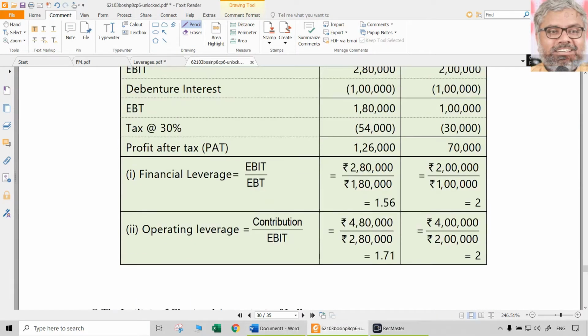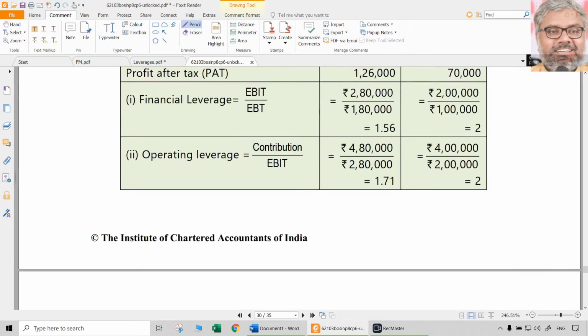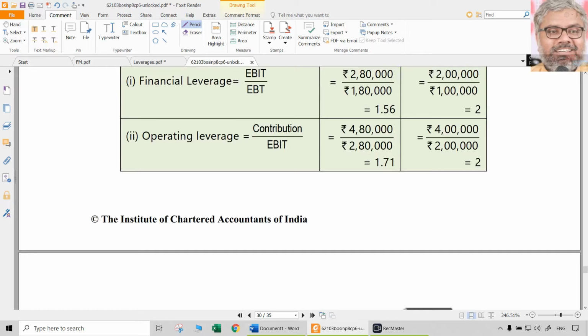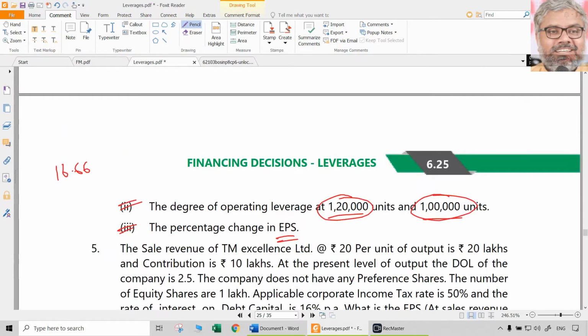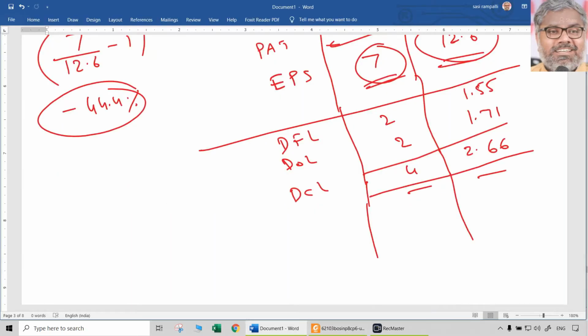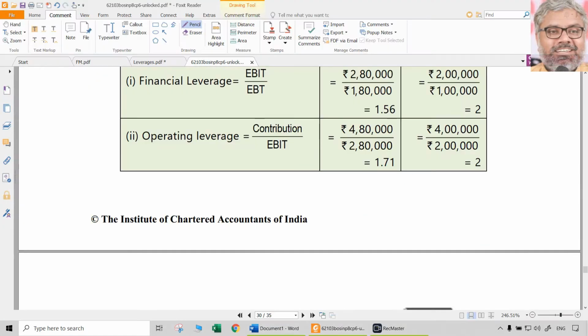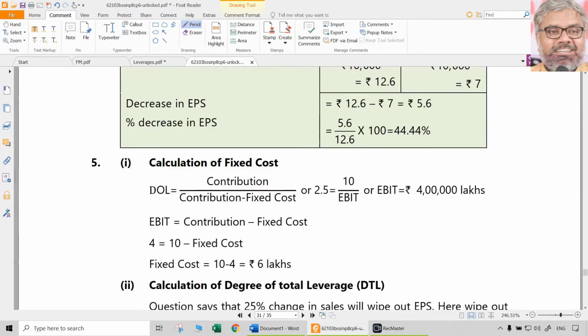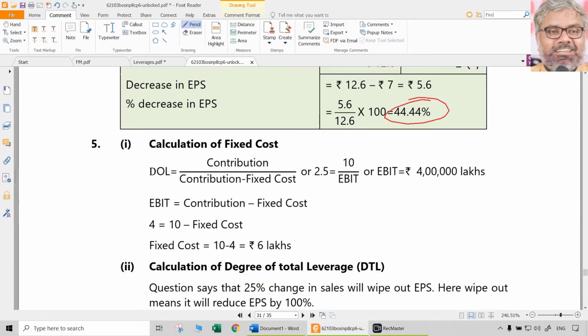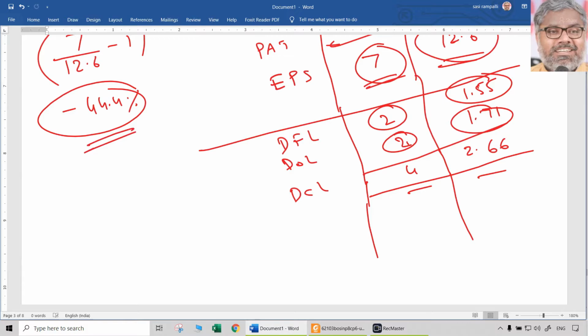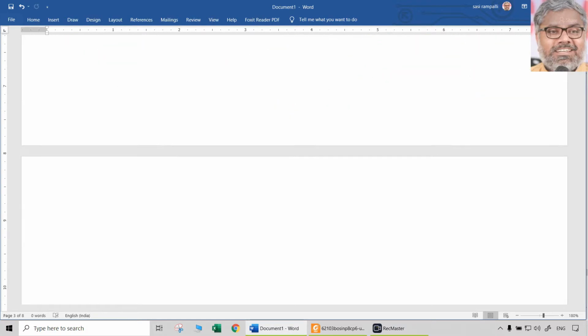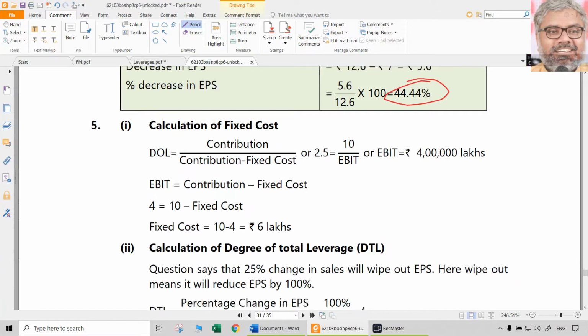So final answers are financial leverage 1.56 and 2. Of course, we did first current year and then last year. So 2 and 1.56 financial leverage, 2 and 1.71, and percentage decrease in EPS is 44.4. That is the answer for question number 4.